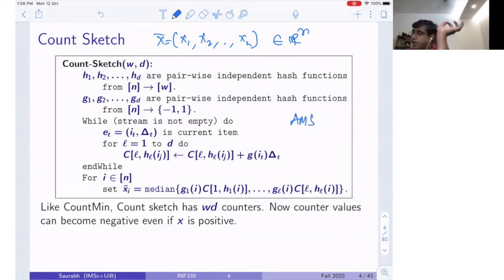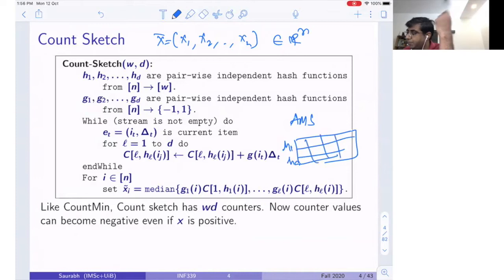Like count min sketch, we have d hash functions h1 to hd, but now at every place you are not storing the sum of the values xi comes with, but a signed sum. You also return a signed median for each xi tilde. So now the counter values can become negative even if x is positive.